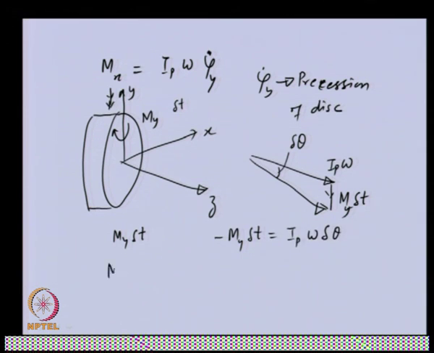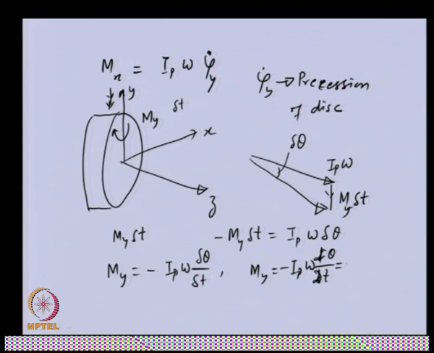This can be written as dy is minus I p omega delta theta by delta t, and in the limit this can be written as minus I p omega delta theta by delta t.